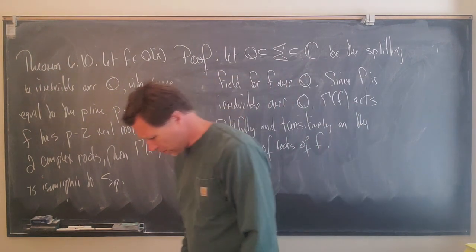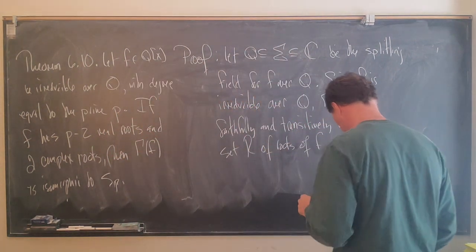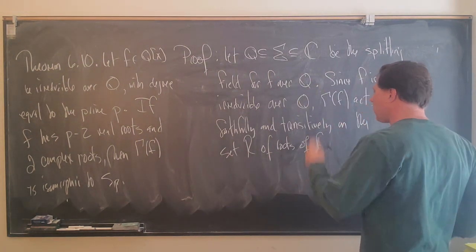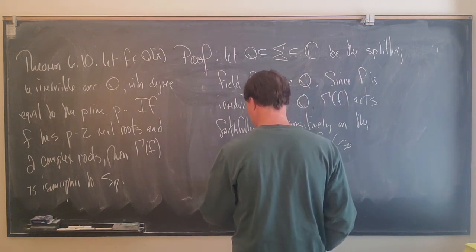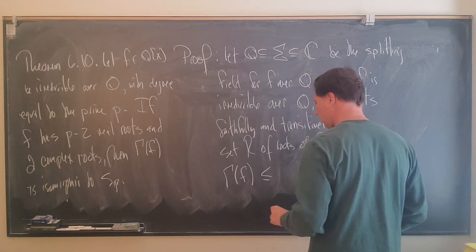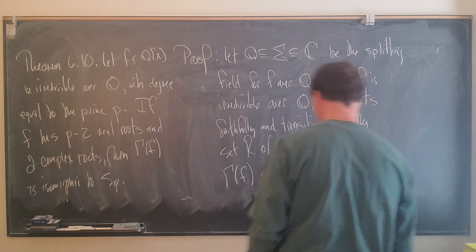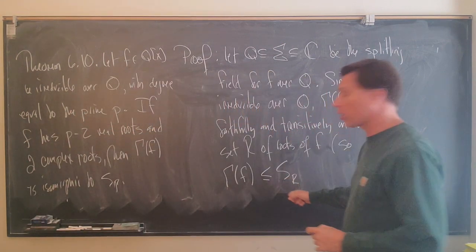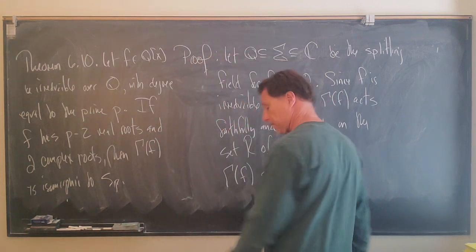I don't know why I didn't write down the theorem number there, but it's from a theorem from the past. And what that means is we can think of it this way: Gamma of f we can then view as a subgroup of the symmetric group, the group of permutations of the set of roots R.